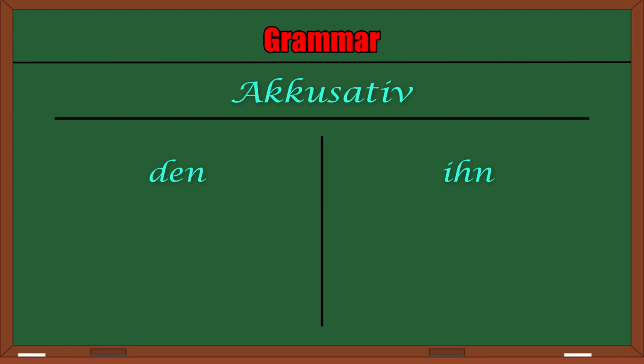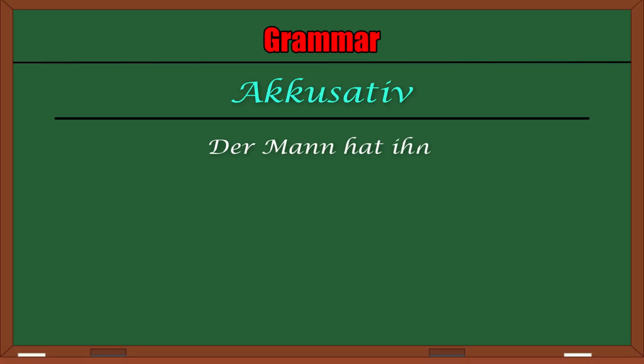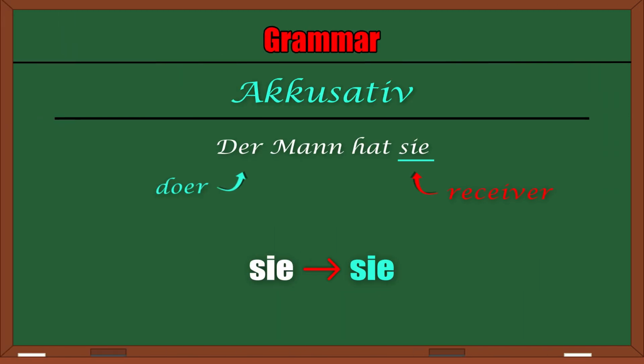So say, for example, der Mann hat den Löffel. The man has the spoon. Then you want to be able to say the man has it. Der Mann hat ihn. Now, if you want to say the man has the fork, der Mann hat die Gabel. Der Mann hat sie.